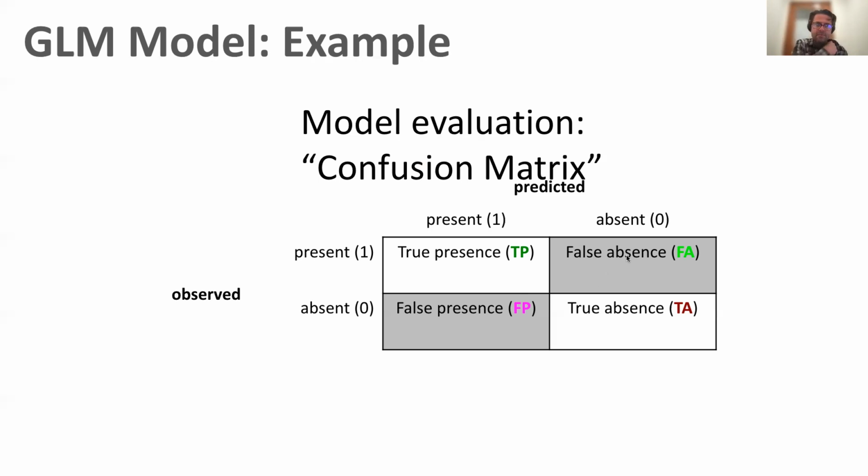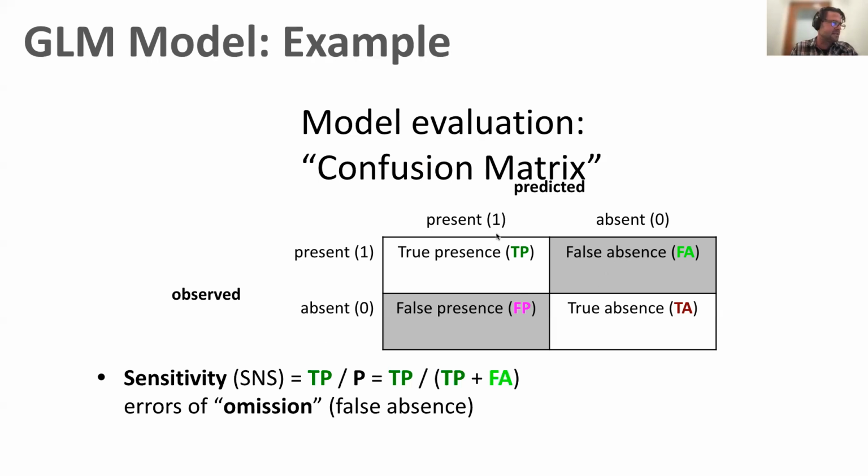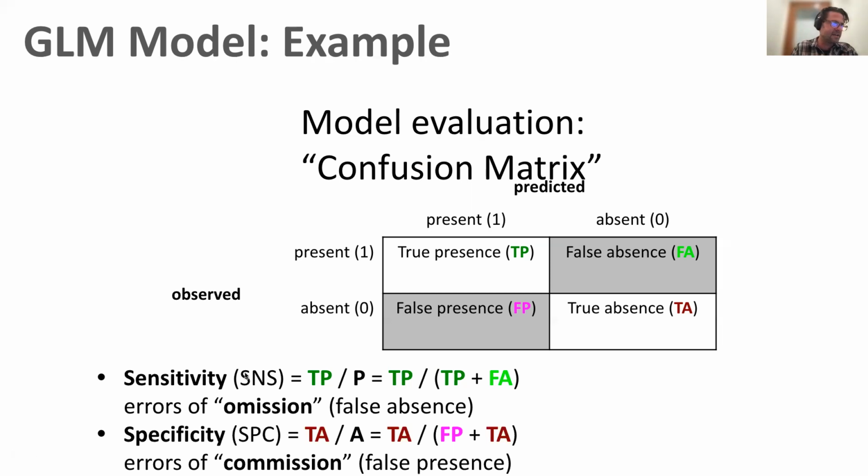This is also called sensitivity. So it's true presences. A true presence means it was observed as a presence and we predicted the presence. A false absence is when we observed it to be present, but we predicted absent. I get confused with these terms, sensitivity and specificity, but they have to do with these rates.